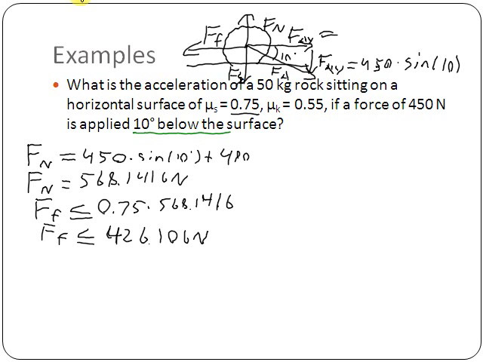And so to find that FAX, the applied force in the x direction would be equal to 450 times cosine of 10. When you do that, you get 443.16 newtons.